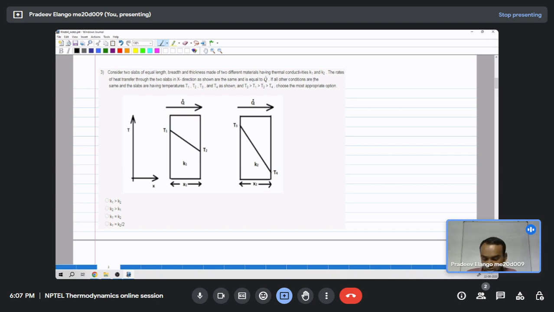If all other conditions are the same and the slabs have temperatures T1, T2, T3 and T4 as shown, and T3 is greater than T1, which is further greater than T2, and T2 is greater than T4. So on the temperature scale, T3 is first, then T1, then T2, and then T4. T4 is the minimum point and T3 is the maximum point, and T1 and T2 lie somewhere in between.